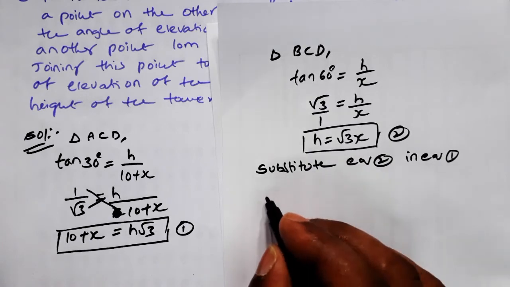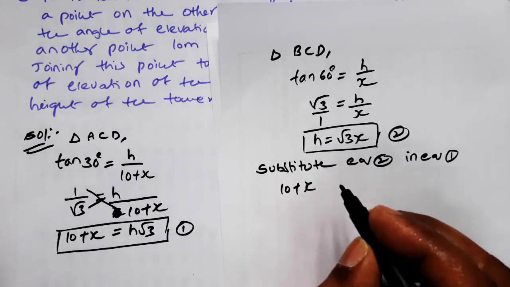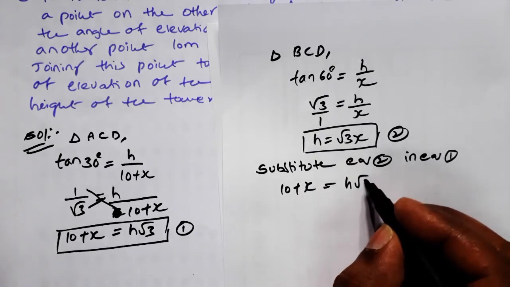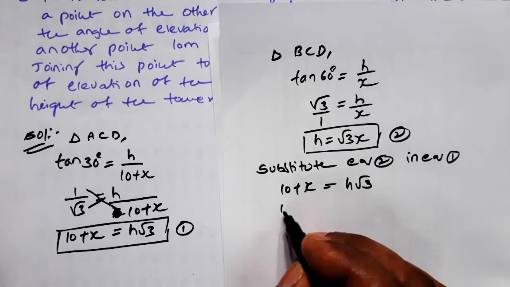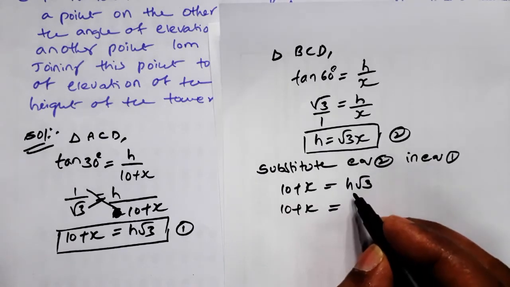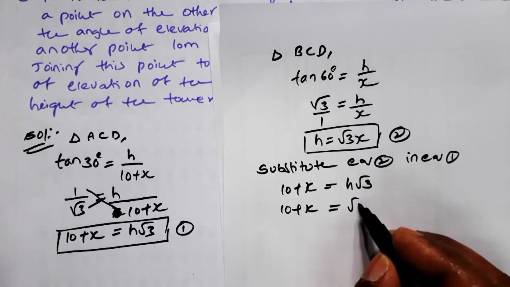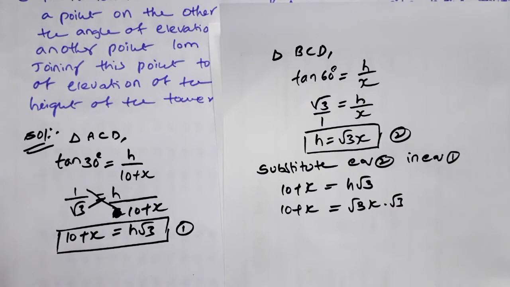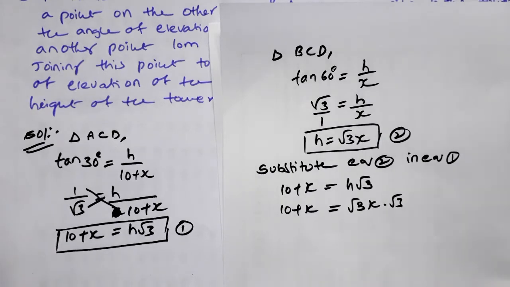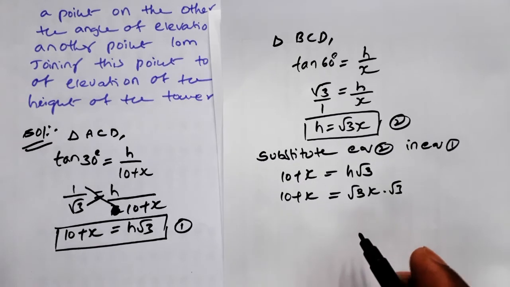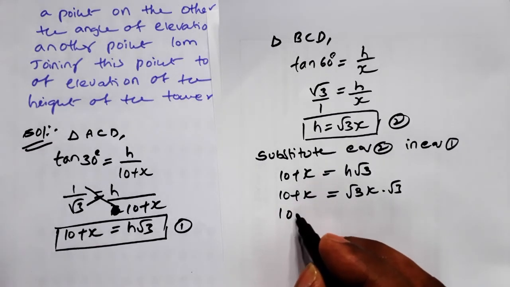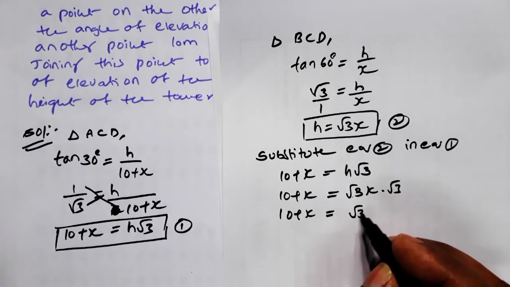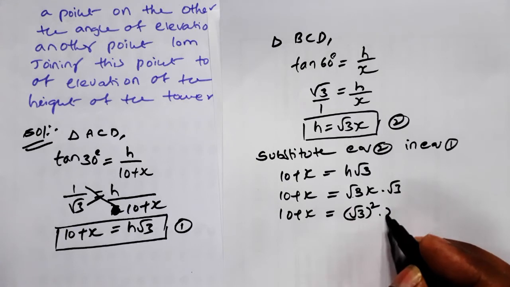Okay. So equation 1, what do we have? 10 plus x equals H root 3. What is the H answer here? Root 3x into root 3. So now what will you get? 10 plus x equals root 3 into root 3, root 3 whole square, into x.